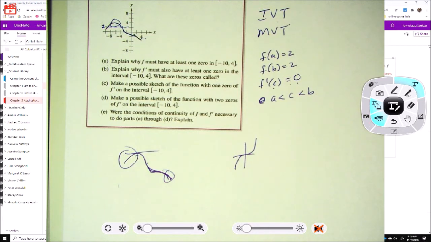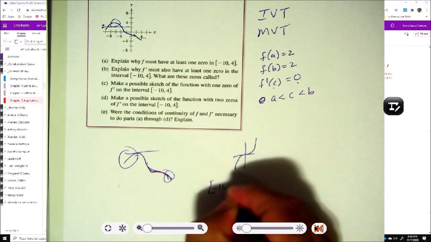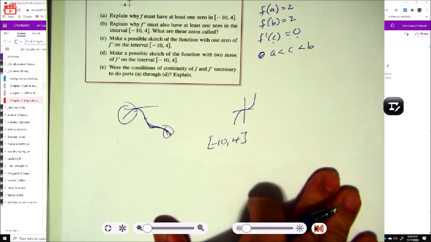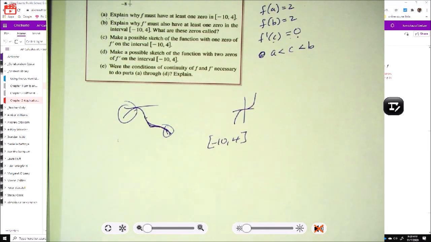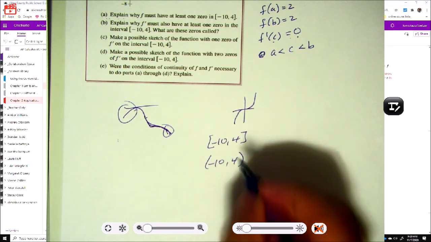Oh. Hold on. All right, so yeah, it caught me too. So the key here is that in E, they're talking about the interval -10 to 4. They're talking about the closed interval. But remember, those theorems say it has to be differentiable on the open interval.